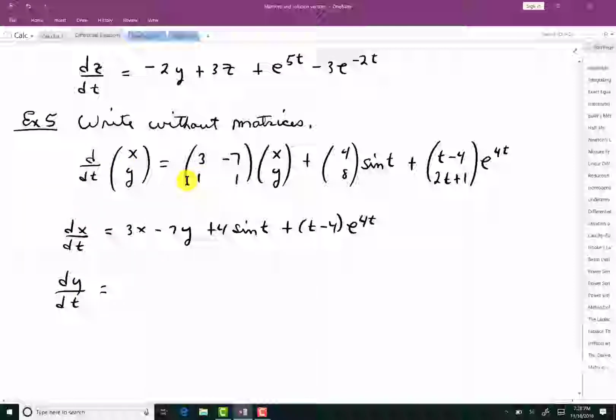Read the second row. I get x plus y plus 8 sine of t plus 2t plus 1 times e to the 4t. I'm going to try to make my t's not look like plus signs, so I try to give them some curve so they're easily distinguishable.